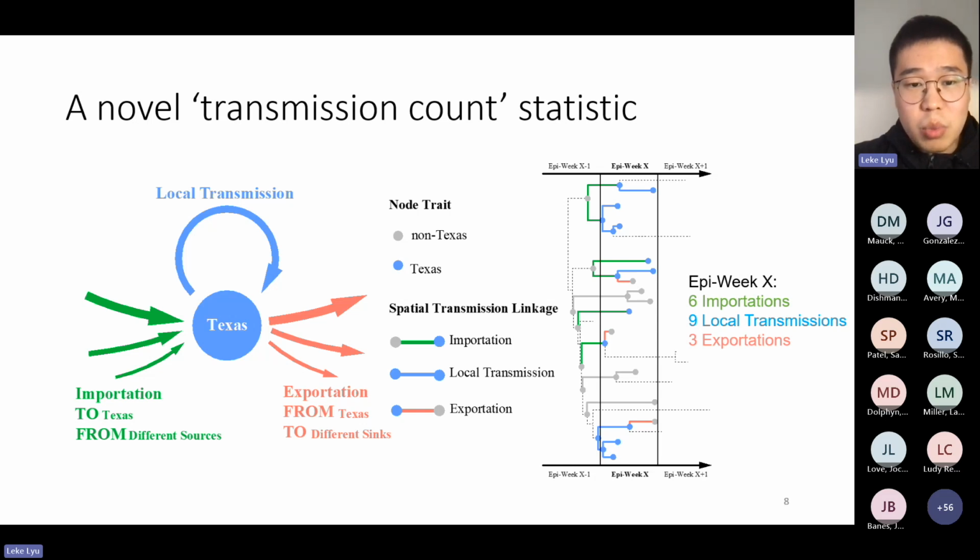So in this example tree, you can see in epi week X, there are 6 cases of importations, 9 cases of local transmission, and 3 exportations. So guided by this viral phylogeny, we summarize the weekly count of local spread, viral inflow, and outflow, illustrating the transmission trend over time. This is like translating information on the tree into readable information.